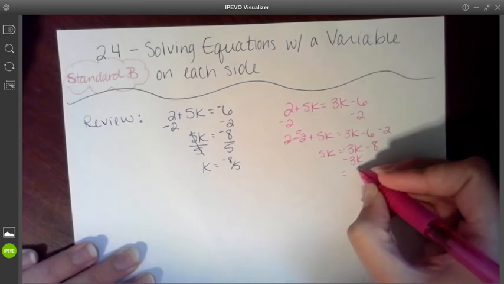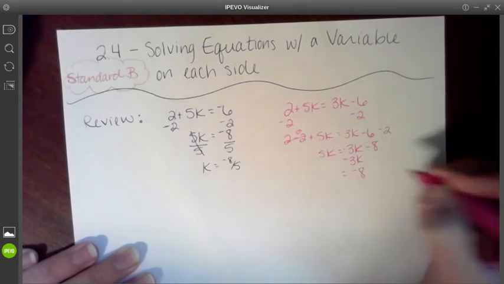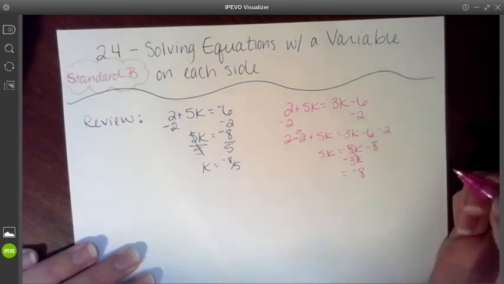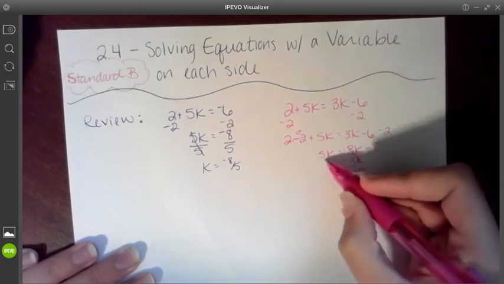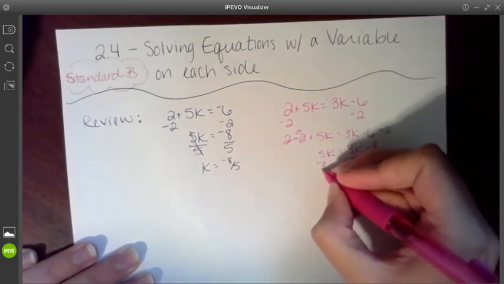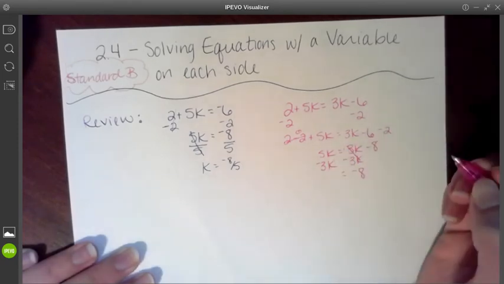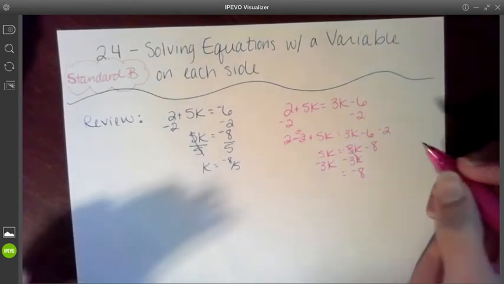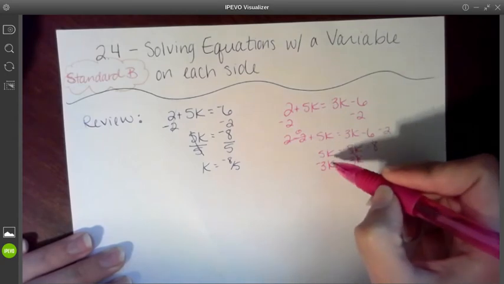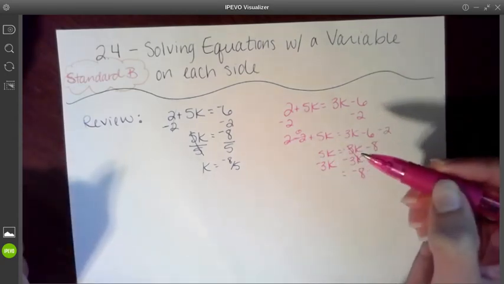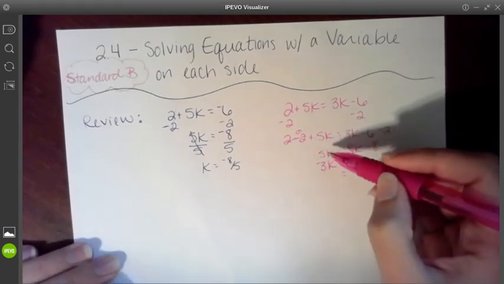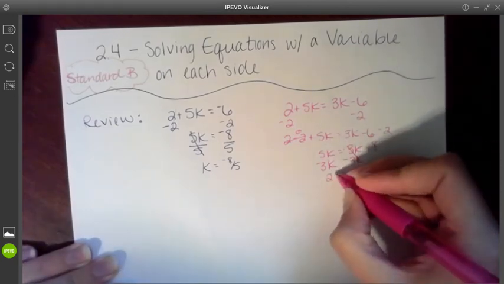So on this side, we will have minus 8, right? These 3k's will cancel. 3k minus 3k is 0. But if we do it to one side, we also have to do it to this side. So we have to subtract 3k. Combine like terms. Make sure that these are like terms, which they are. They have the same variable and the same exponent. So we do 5k minus 3k, which is 2k.